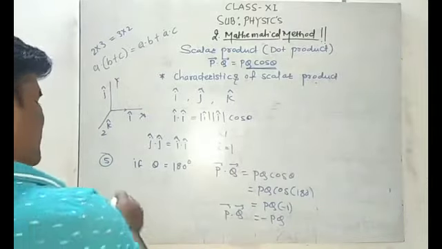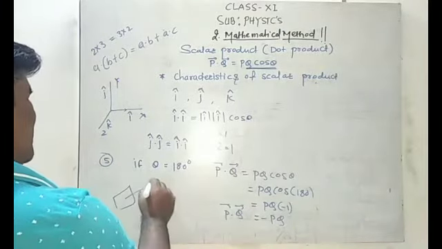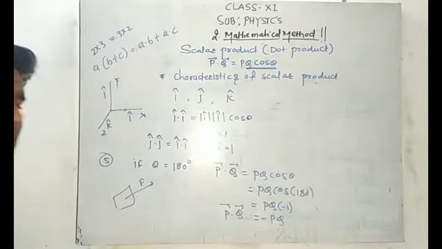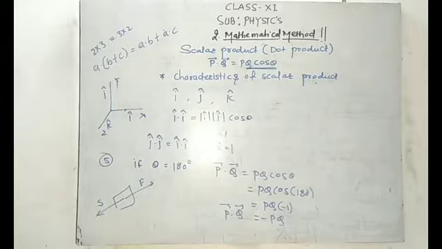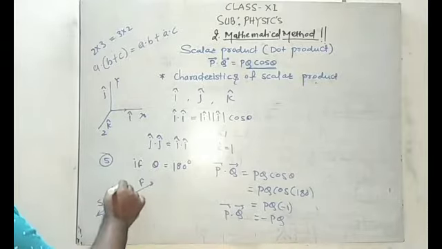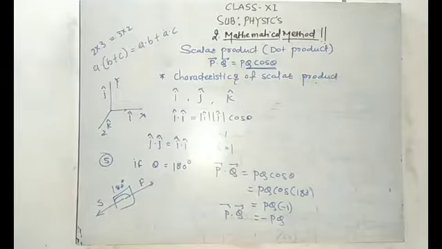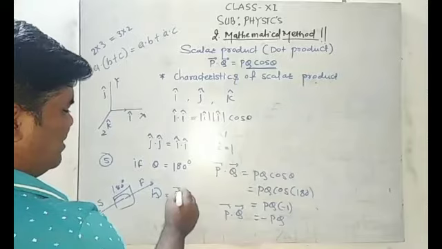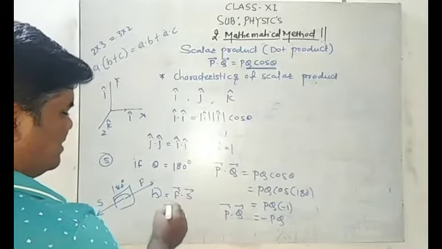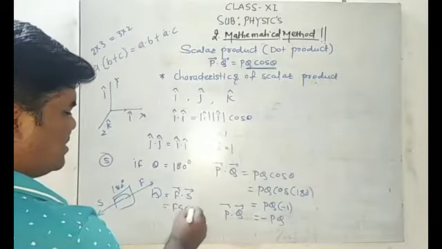So if theta is equal to 180 degree, then the product of two vector quantities is equal to minus PQ, right? So we can take one example. Here force F is in this direction and displacement is in the opposite direction. So the angle is 180 degree. How to find the work done? Work done is equal to F bar dot S bar, and therefore the magnitude is Fs cos theta.